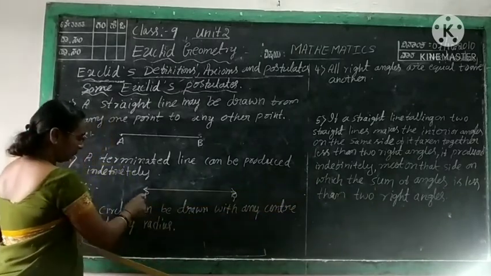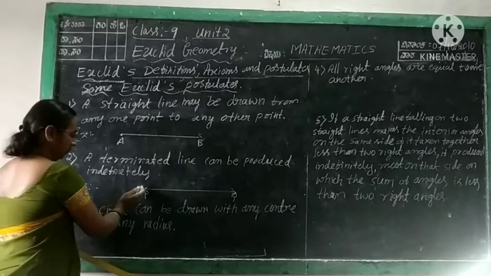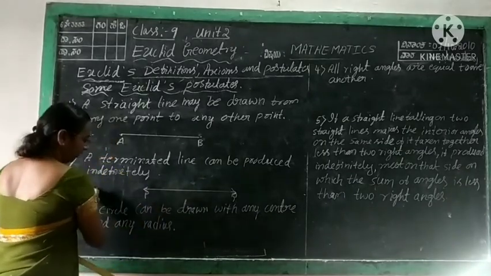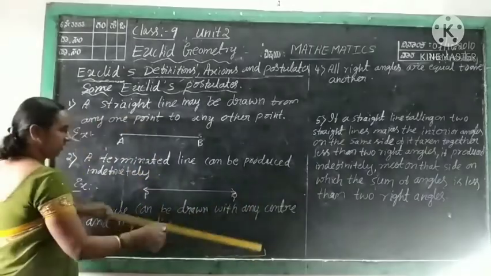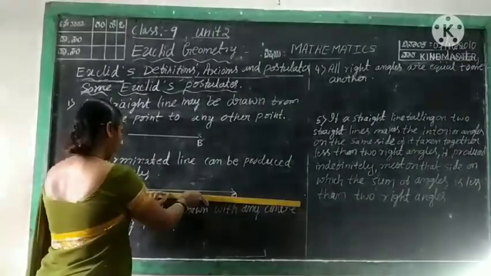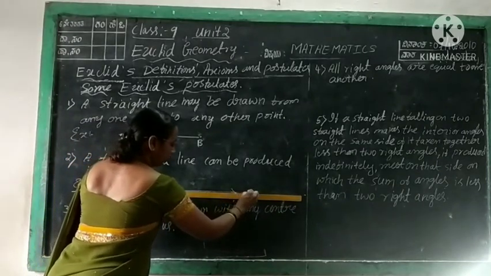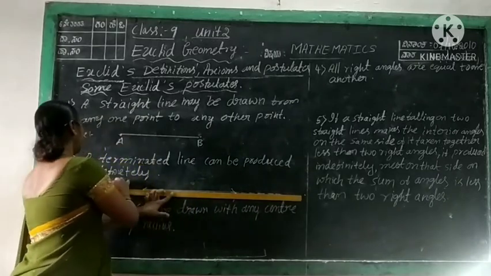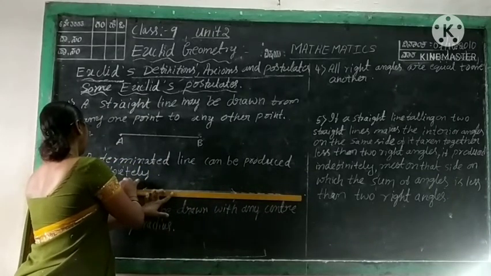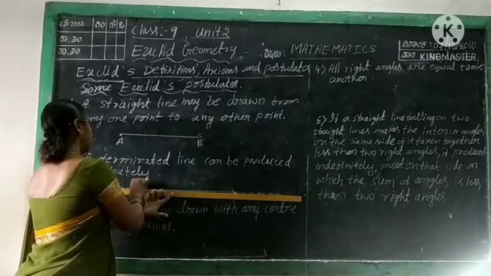From points P and Q, we extend the line on the P side and on the Q side. We draw again and extend it.